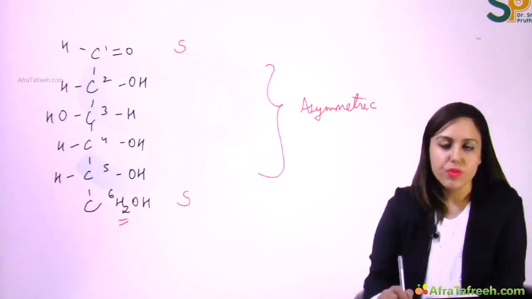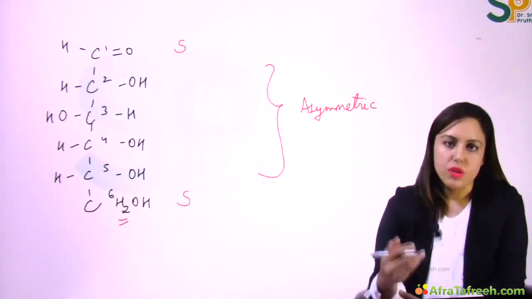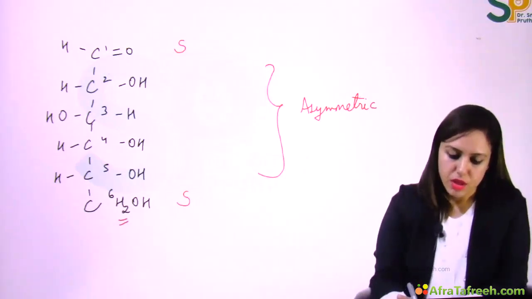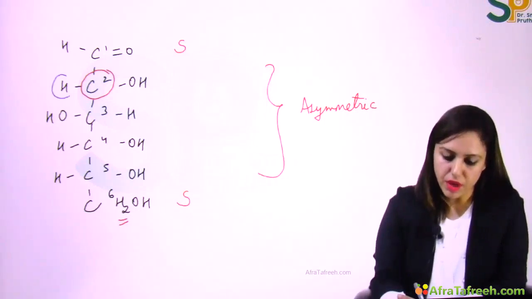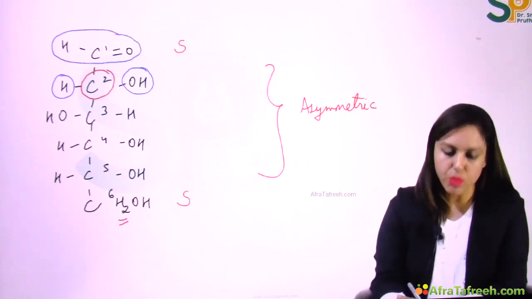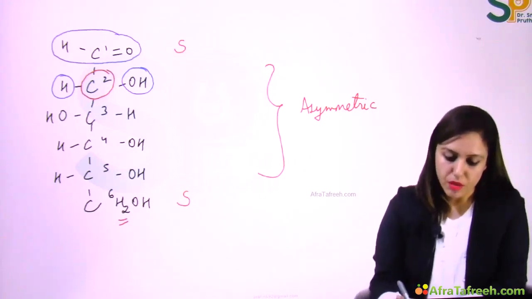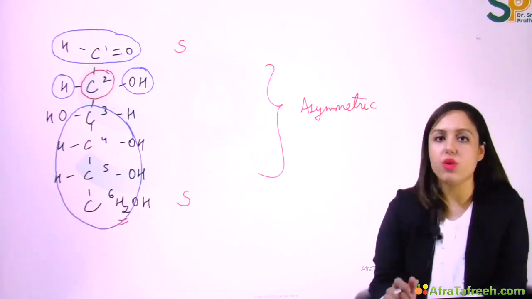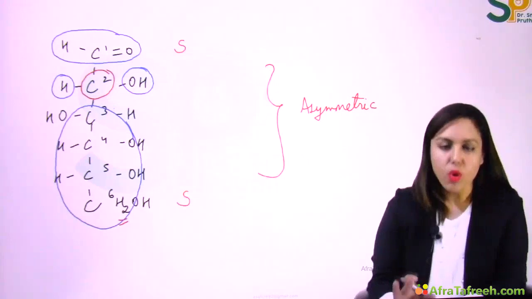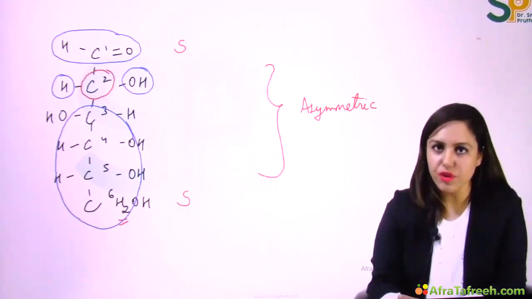Let's see how. Some students have confusion, so let's see how. Look at carbon 2. When you look at carbon 2, see the 4 valencies. One is hydrogen, other is OH. Third valency is occupied by this group CHO. Fourth valency is occupied by this group having 4 carbons. So all 4 valencies are different.